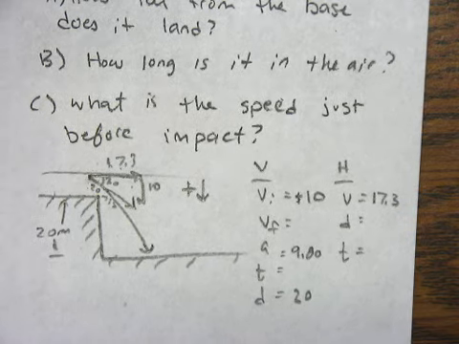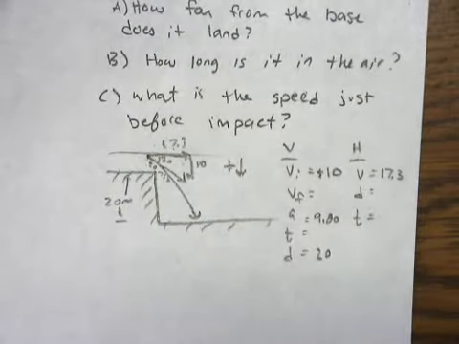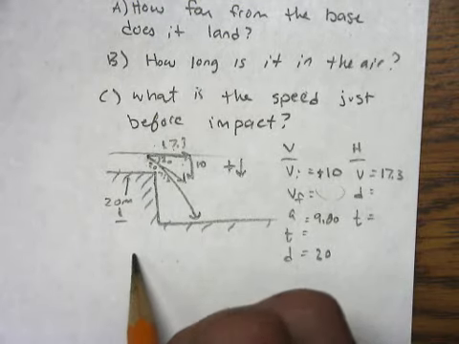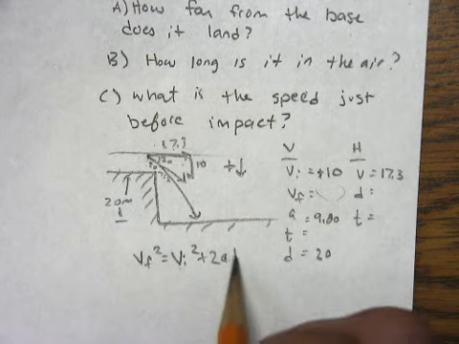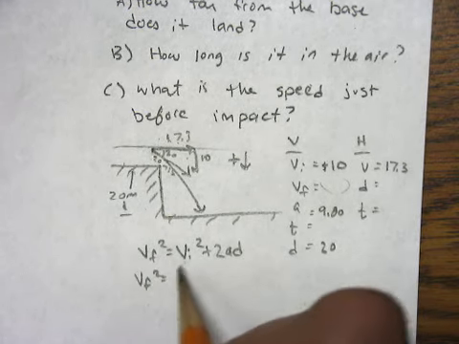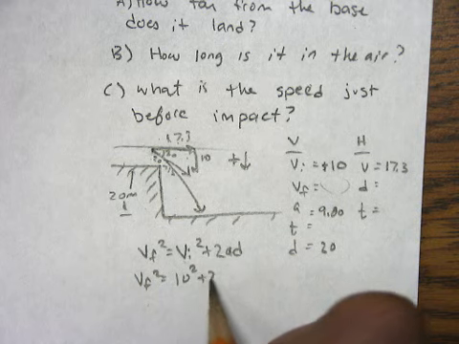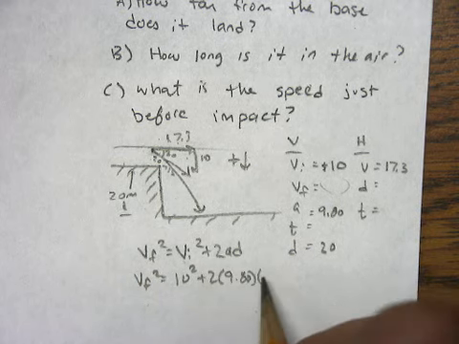So let's go. I think the first thing I'm going to find is the final velocity. I think that's the easiest one to find, so we'll go VF squared equals VI squared plus 2AD. So VF squared equals 10 squared plus 2 times 9.80 times 20.